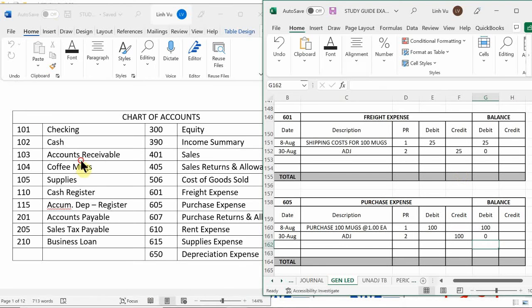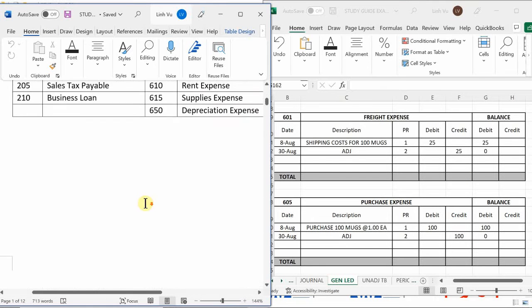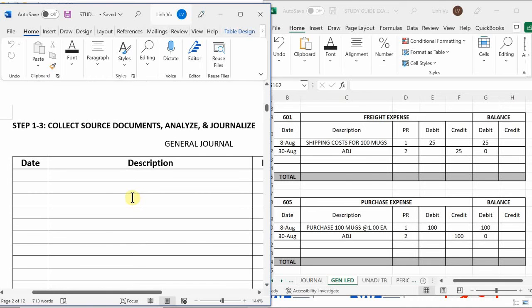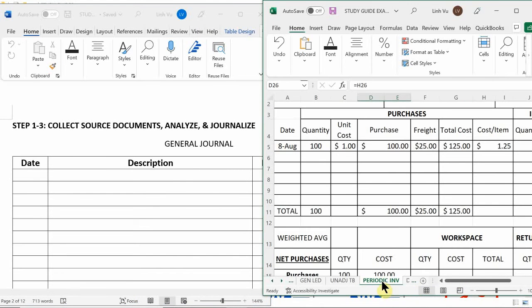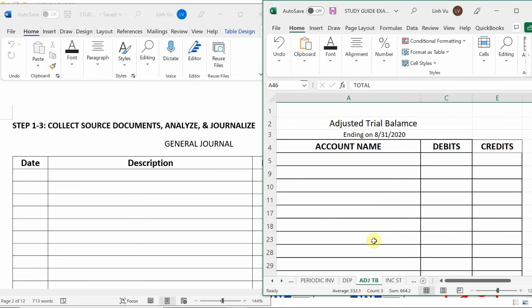So that means we are done with my entire scenario, including all my adjustments. Now that I completed step 6, we need to complete step 7, which is doing the adjusted trial balance, so we can complete our financial statements. What's the difference between my unadjusted and adjusted trial balance?